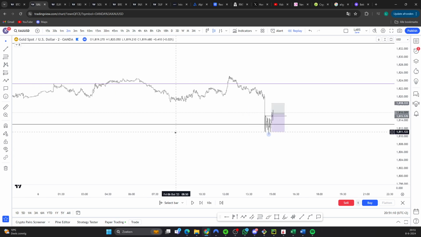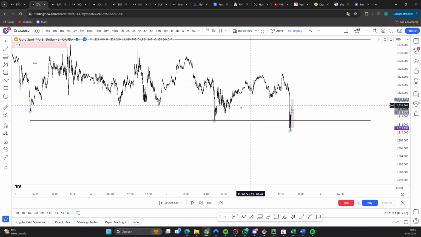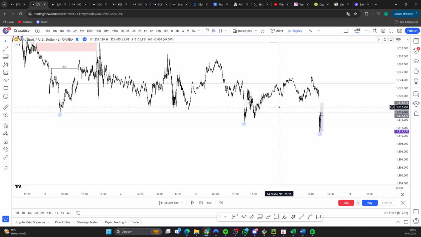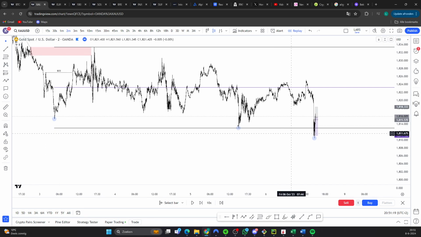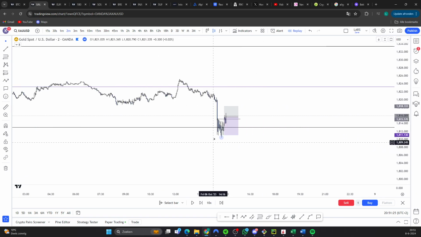But because we're in such a high probability long area, and we finally swept all that sell side liquidity we're building up, and we're in this high time frame POI for potential swing long, and we do get that Model 1, this is just the ultimate manipulation event for people to really be scared of gold really breaking down.